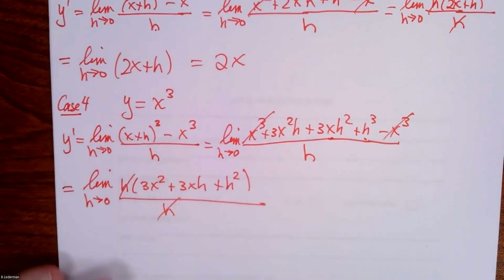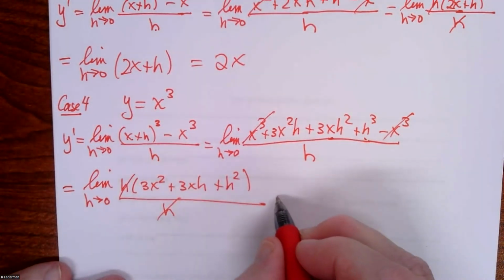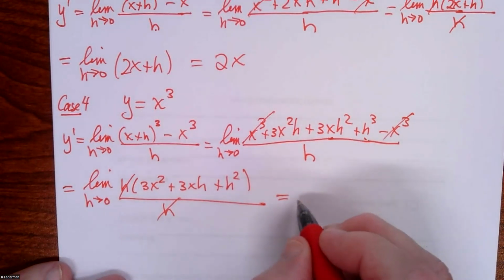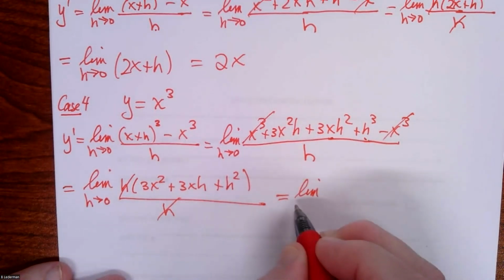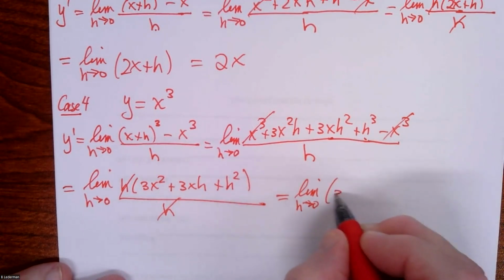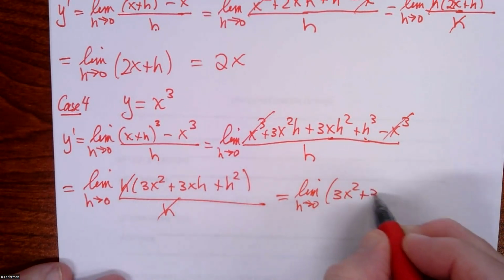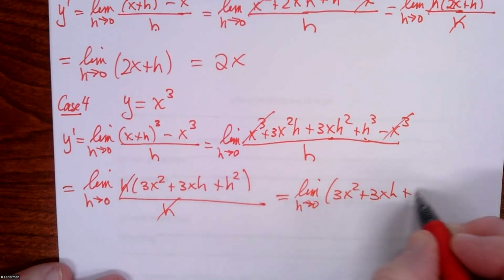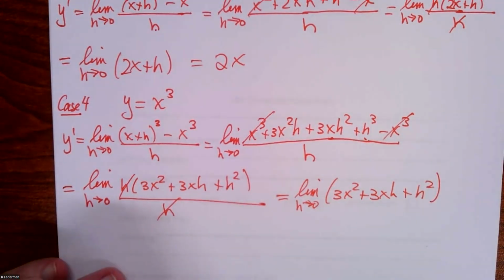Now these h's cancel. Simple, straightforward algebra. And this now gives you the limit as h goes to 0 of 3x squared plus 3xh plus h squared.